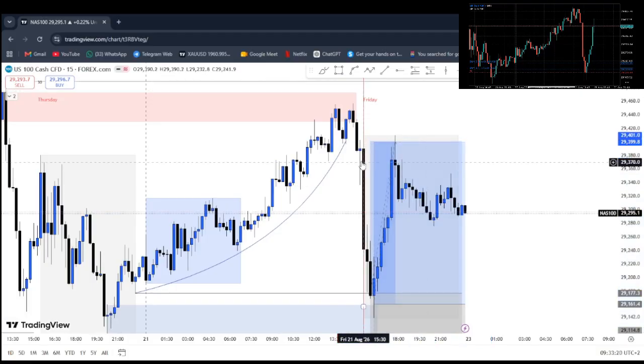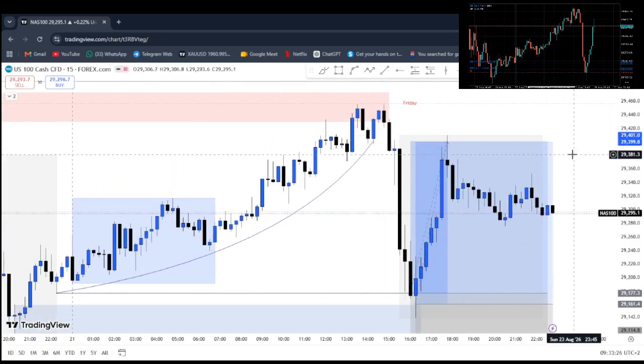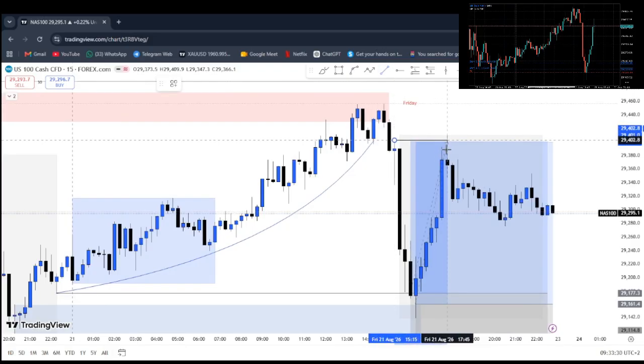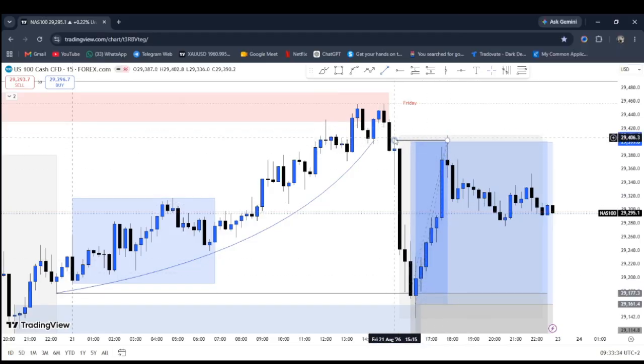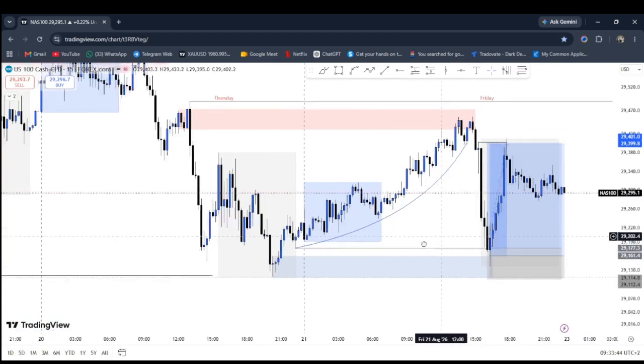So my targets were here because this is a smart money trap, and we were obviously heading into the weekend because this was like Friday. So I don't really like to hold trades over the weekend. So price came up here, pushed, ran my smart money trap, and that's how I hit profit. So that's why I was targeting this point there. So these were the two trades I took on Friday.